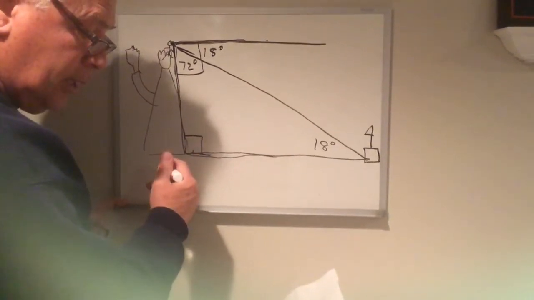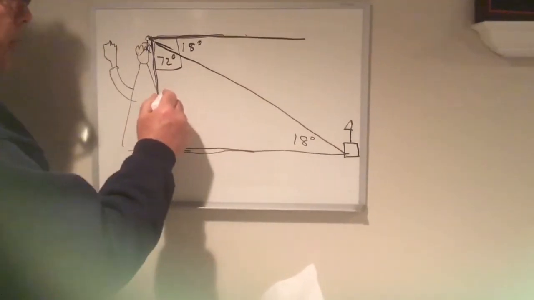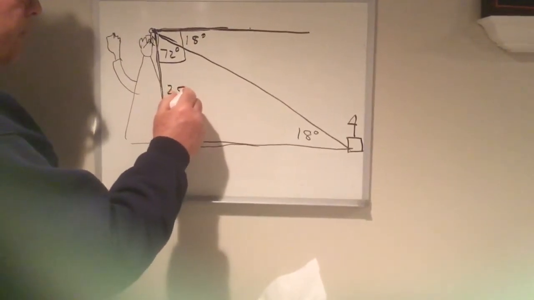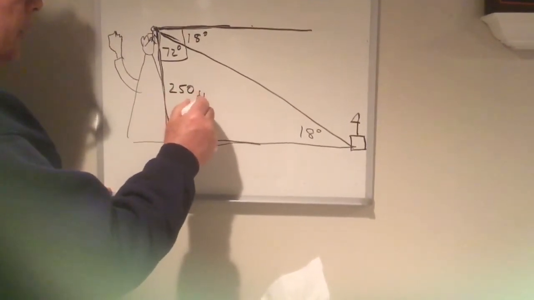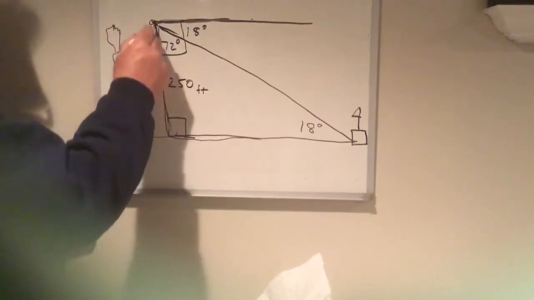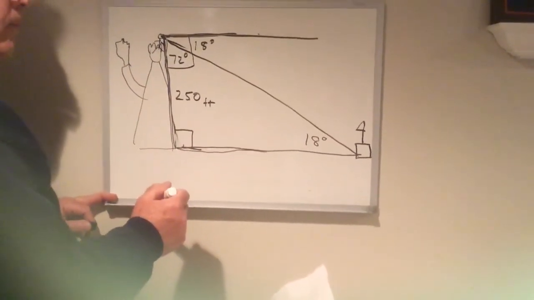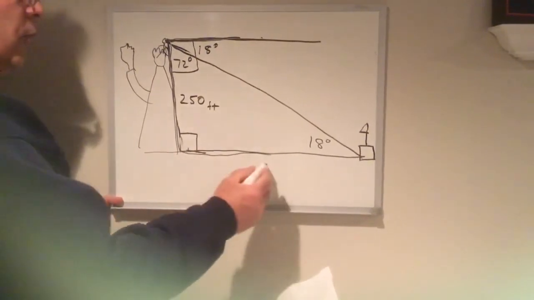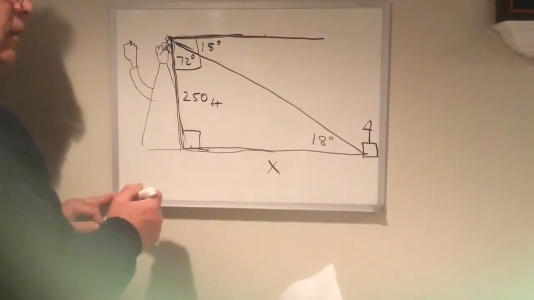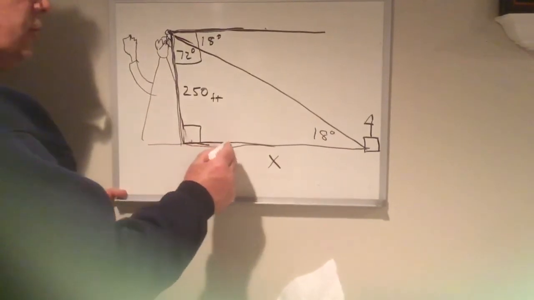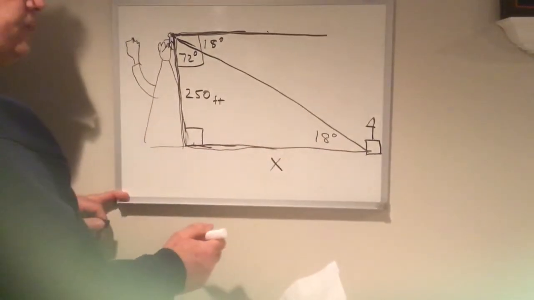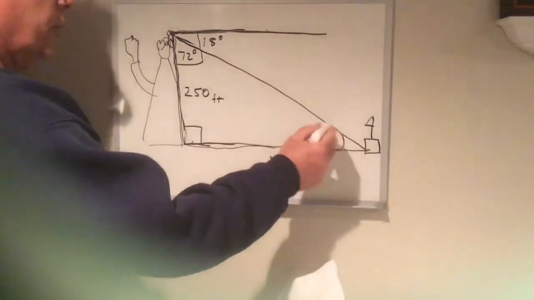So let me read it again. The Statue of Liberty is approximately 250 feet above the ground. And there it is, so we know that this side length is 250. Let's use the 18 over here, and find that distance from the base of the statue to the boat itself. So what are we going to use?